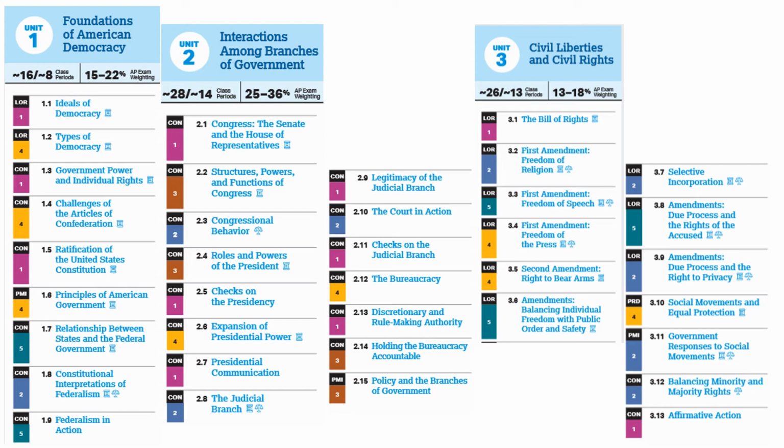And then I know we haven't done this yet, spring semester, the judicial branch, looking at the legitimacy of it, the court in action, which is kind of interesting because they are not in action right now. And then checks on the judicial branch. And then for this week's content, the bureaucracy. So discretionary and rulemaking authority, how they're held accountable, and where we see policy in the branches of government. Policy is referring to anything that comes out of the government.